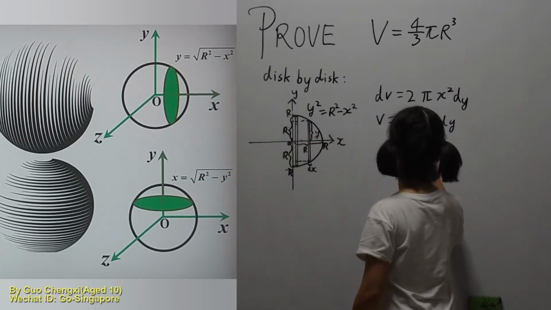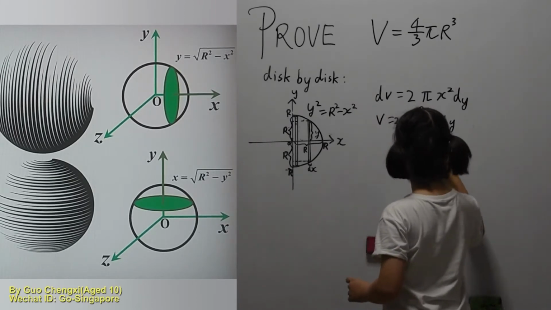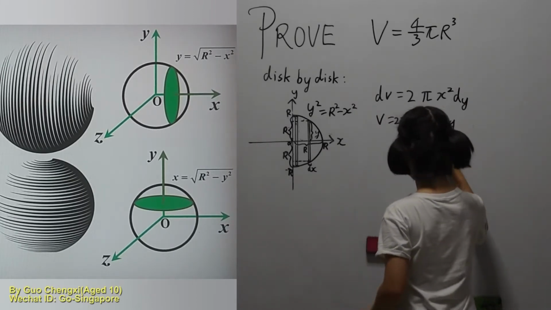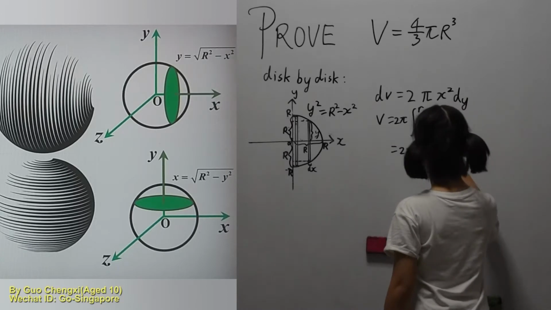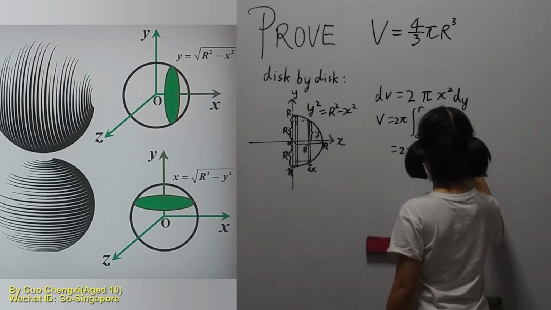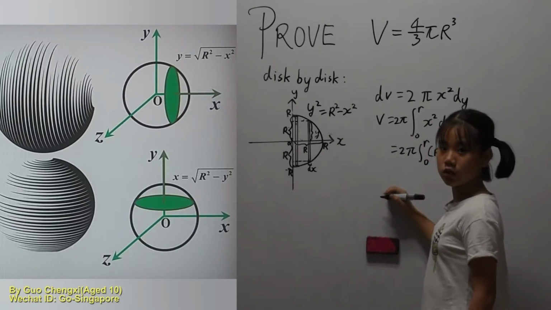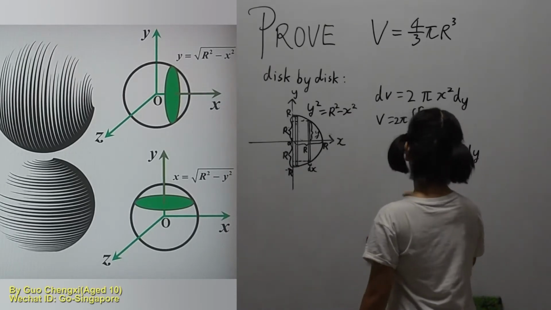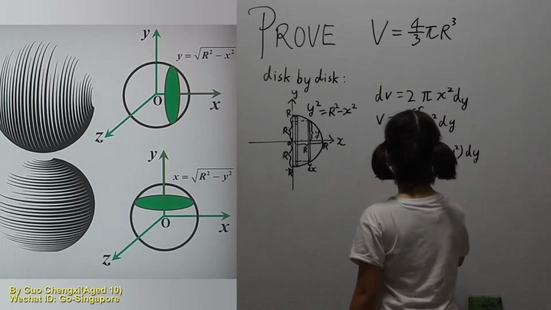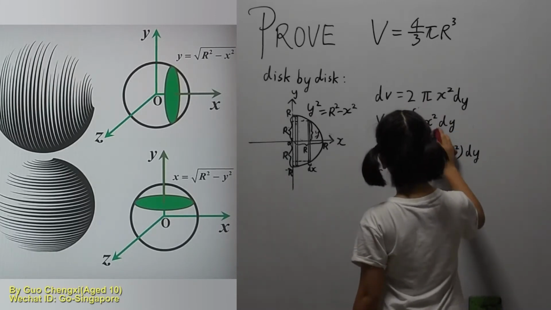So again, this part becomes squared, so here will be r squared minus y squared dy, like this, okay? Oops, here is capital.